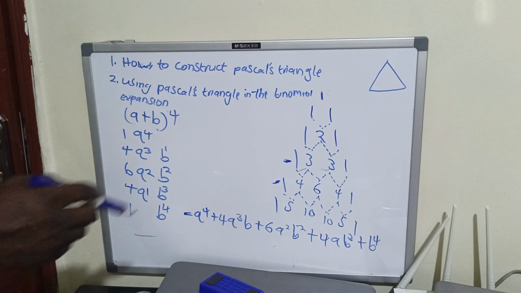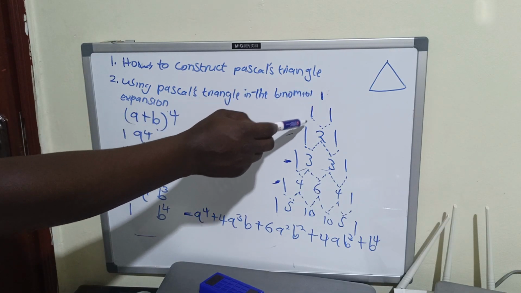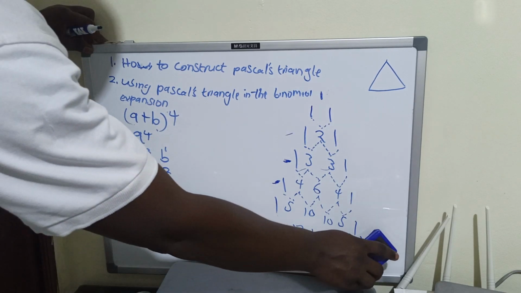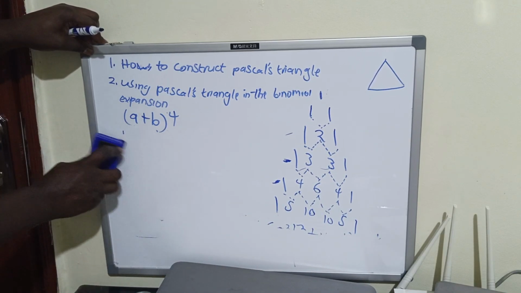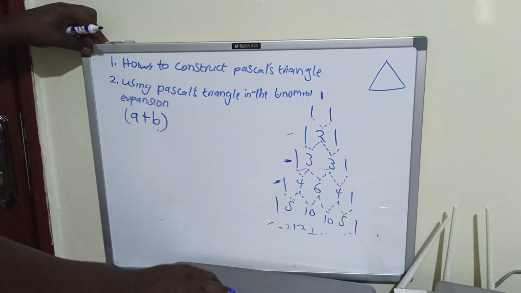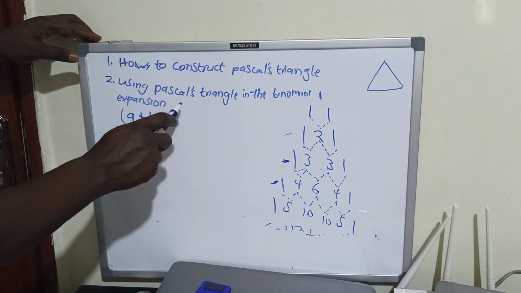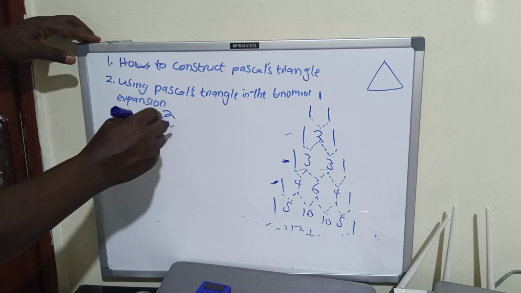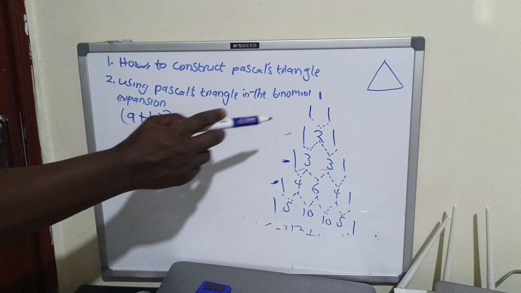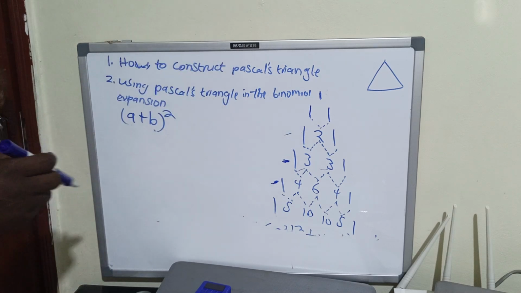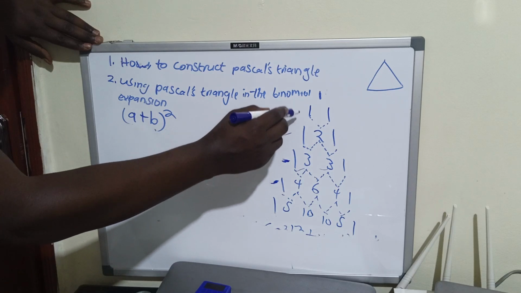Suppose now it is raised to power 2. We count 0, 1, 2. Let's remove everything here. It is (a + b) squared. Using Pascal's triangle, we count 0, 1, 2.